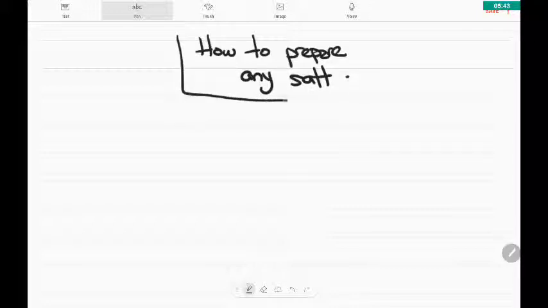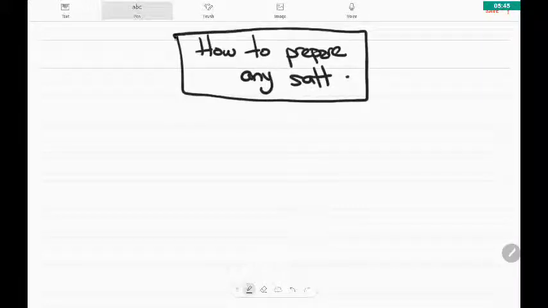So after this topic, I hope that if I were to give you any salt, you would be able to describe to me the reagents I would need to make the salt, as well as the steps required to make the salt. And it would be good if you could explain to me the rationale behind using those reagents and why other reagents may not work.